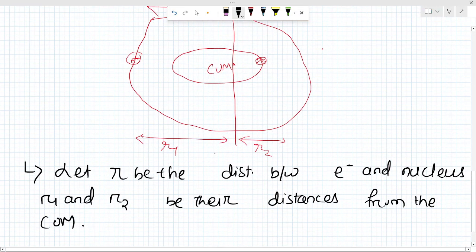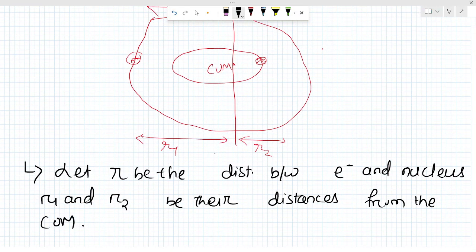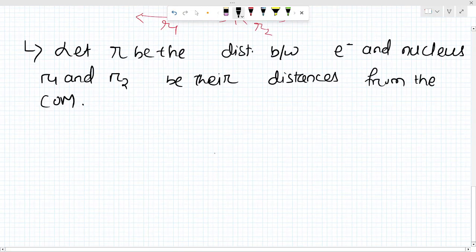So here is my nucleus, and it is at a distance r2 from the center of mass.